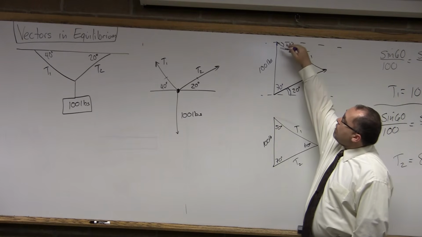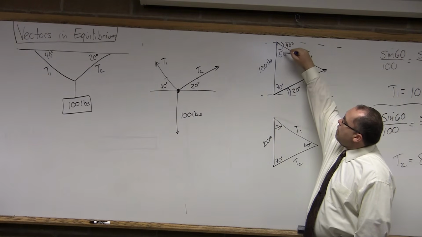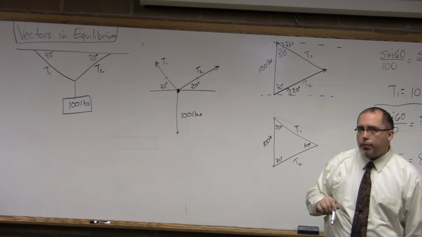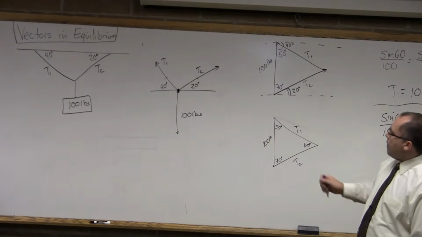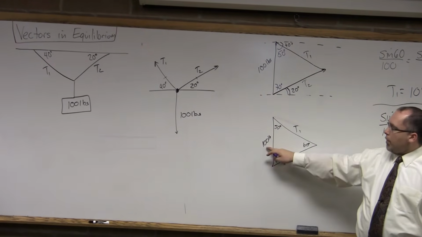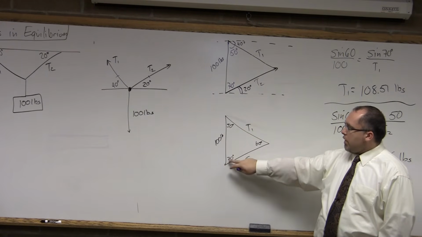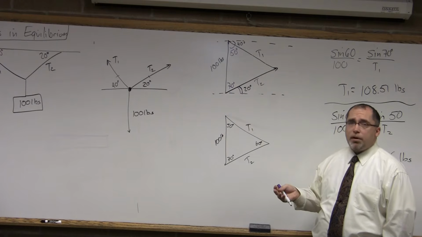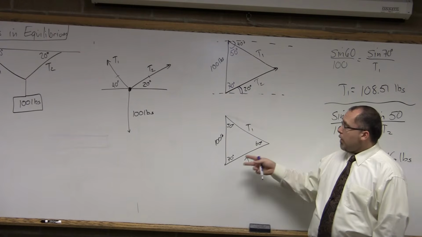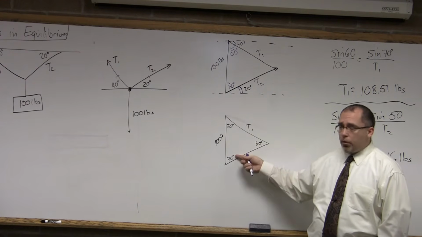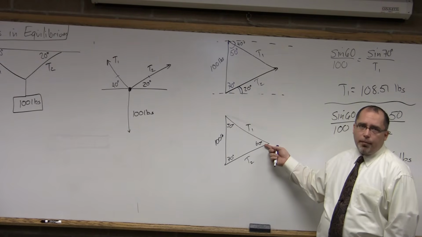So if you take 90 minus 40, that gives you a 50-degree angle. To clean it up a bit, I just drew the triangle with a 100-pound side, 50 degrees there, 70 degrees there. Remember, all three angles of any triangle always add up to 180. So you take 180 minus the sum of these two, which is 120. You have 60 degrees here.